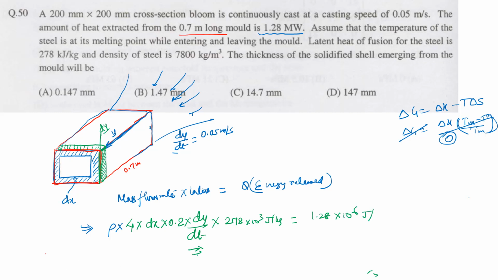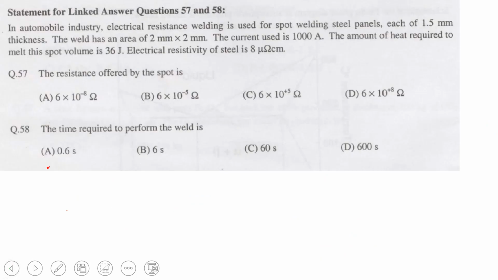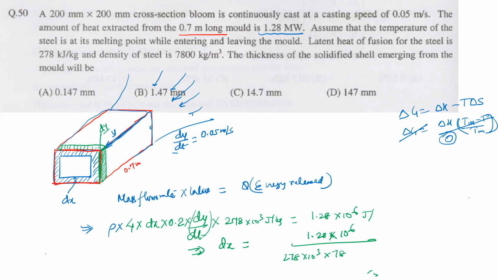Okay, so now we already have the value of dy by dt, that is 0.05, right? So we will find dx: 1.28 into 10 power 6 divided by 278 into 10 power 3 into 7800 into 4 into 0.2 into 0.05, okay.